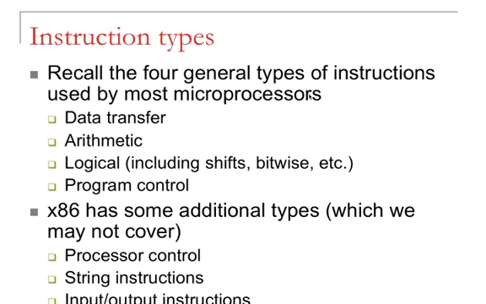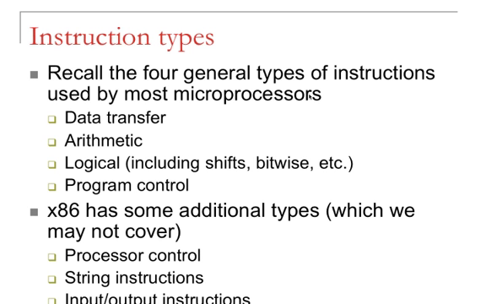There are 4 general types of instructions used by most microprocessors: data transfer, arithmetic, logical, which includes shift and bitwise and/or operations, and then program control. x86 has some additional types, which we may not cover in this class.